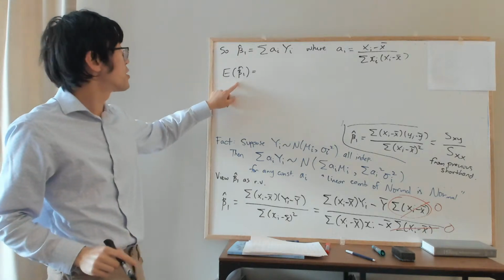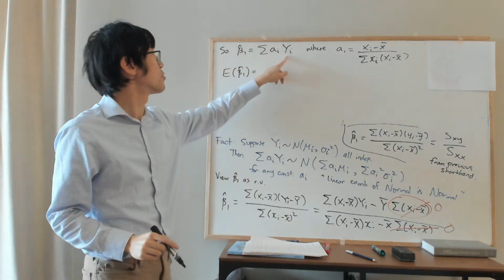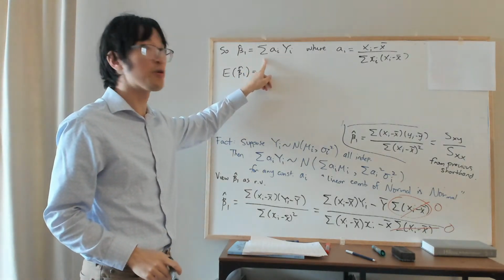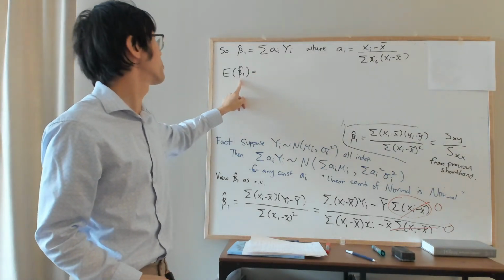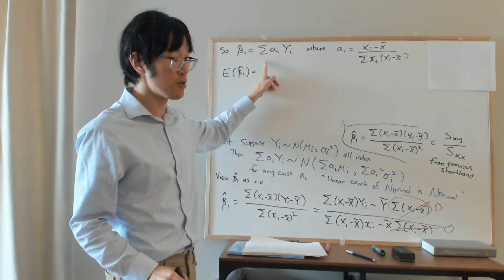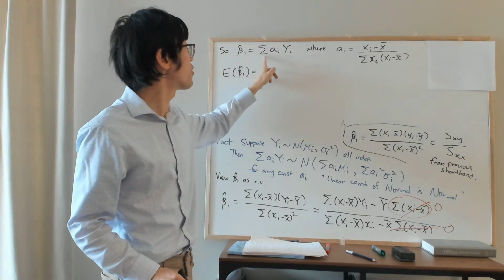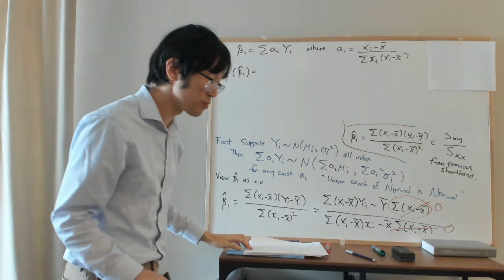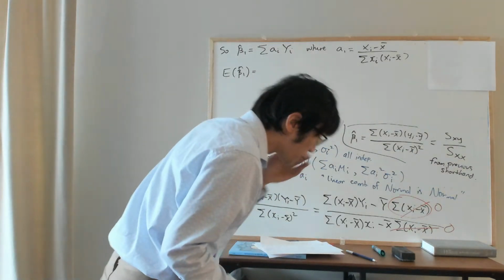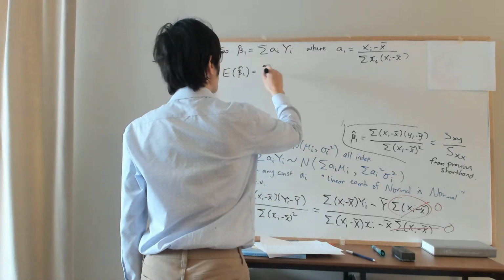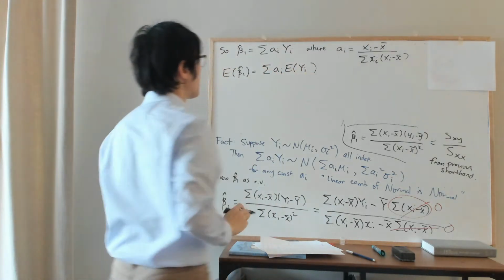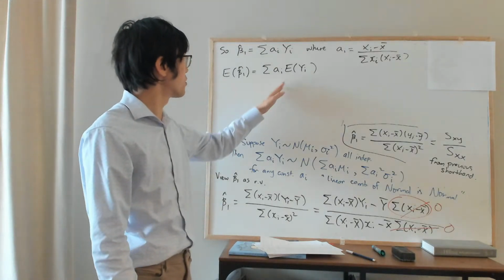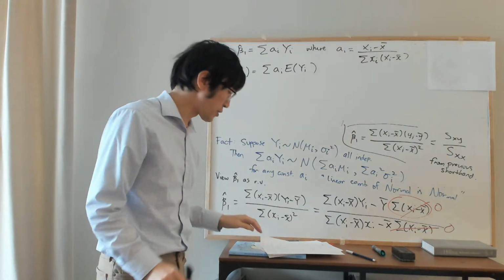Okay, so we take the expectation of this. Here we have to remember from our first stats course that expectation is a linear operator. So for the expectation of a summation, I just have to add up all the expectations and pull out the constants. And so we have the summation of ai times E of yi, according to linearity of expectation.